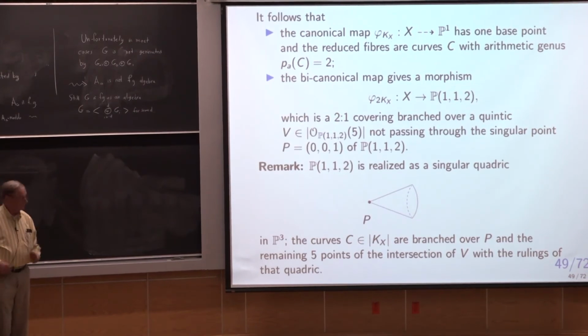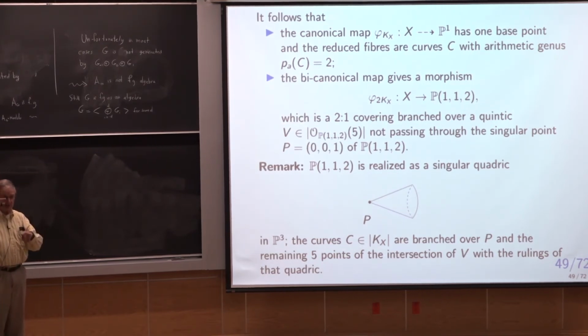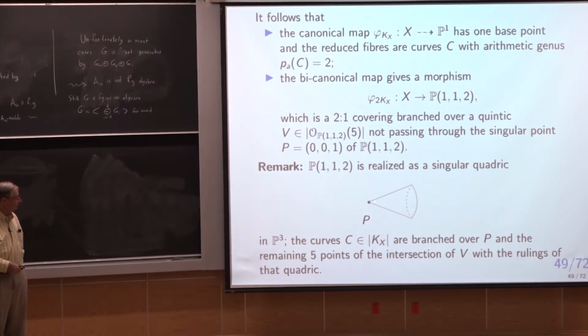That's what should happen, because if you look along a line on this cone and take the inverse image, you're going to get a curve that's 2-to-1 over the line with 5 branch points out here and 1 branch point here. That's 6 branch points. That's a genus 2 curve. So that's the canonical series.